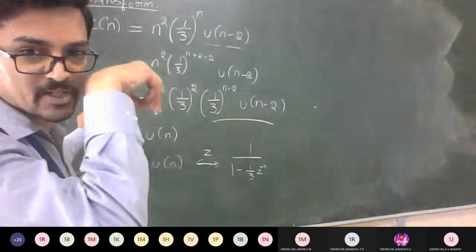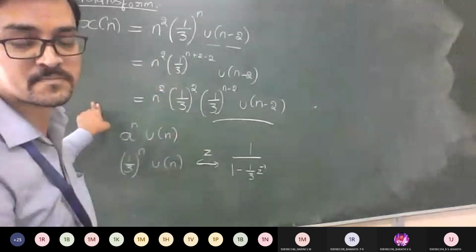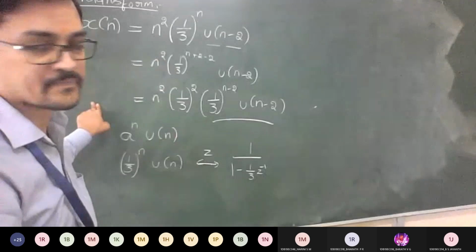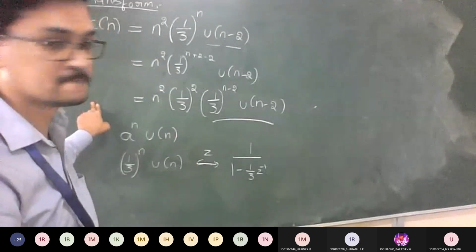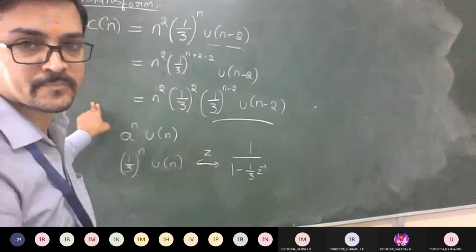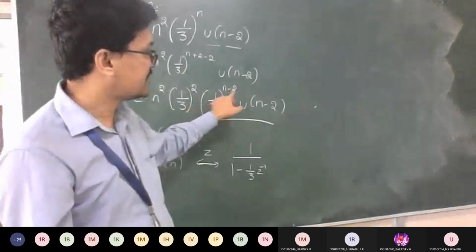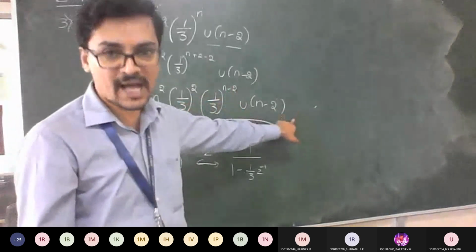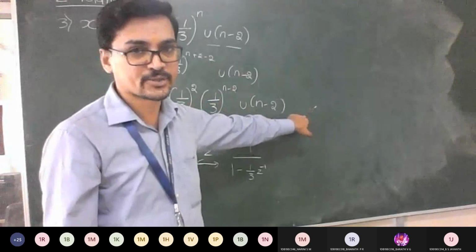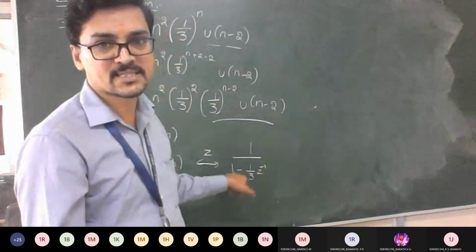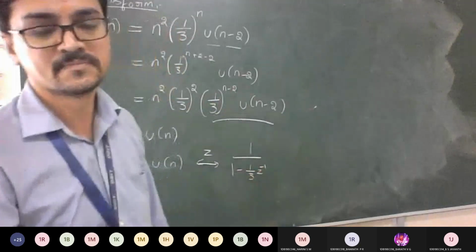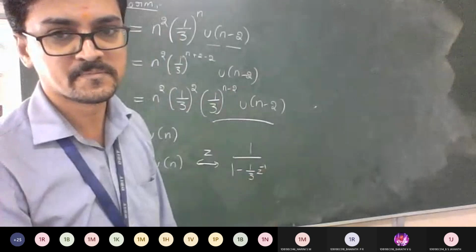Is it the same concept here also? Yes or no, guys? Can I write 1 by 3 to the power of n minus 2 u of n minus 2 as z raised to minus 2 divided by 1 minus 1 by 3 z inverse? Is that possible?